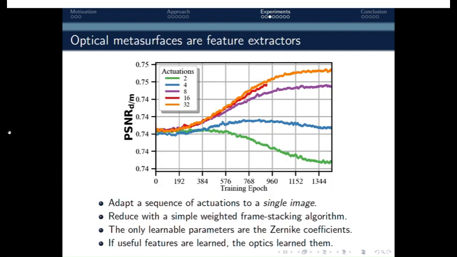And so the first question we were really interested in asking is, can this optical system act as a feature extractor? Because that's very interesting if it can learn features that it implements via a control policy that improve overall task performance.